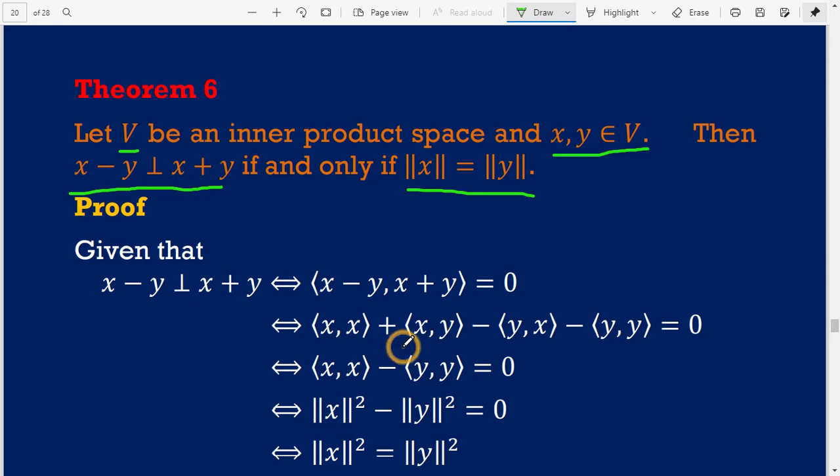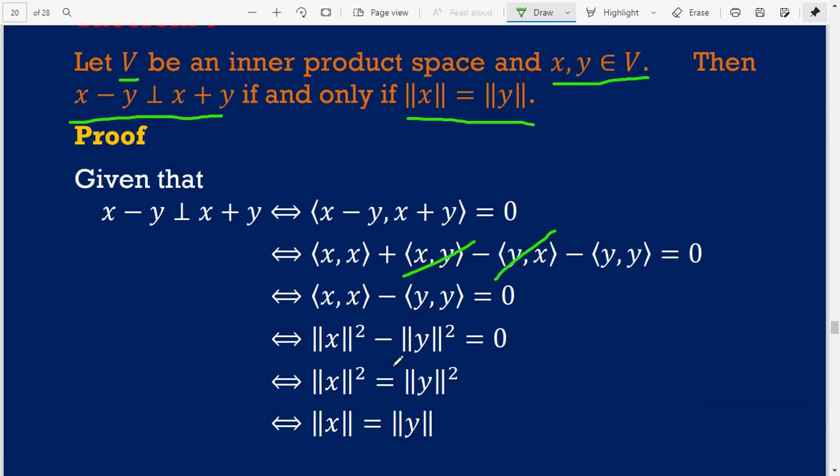So here inner product x with y minus inner product y with x cancel out. So if and only if inner product x with x minus inner product y with y is equal to 0, and inner product x with x is equal to norm x squared, minus inner product y with y is equal to norm y squared, is equal to 0.